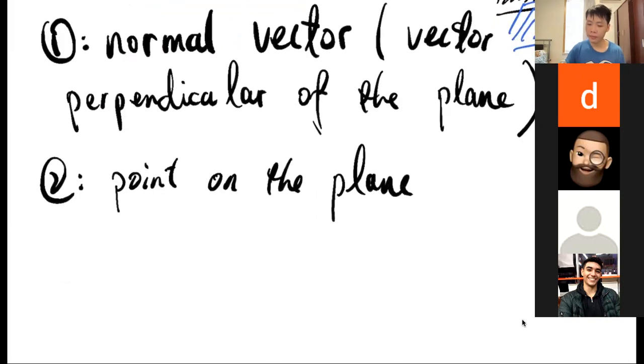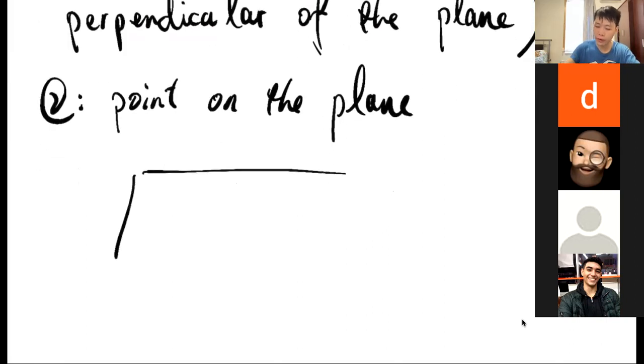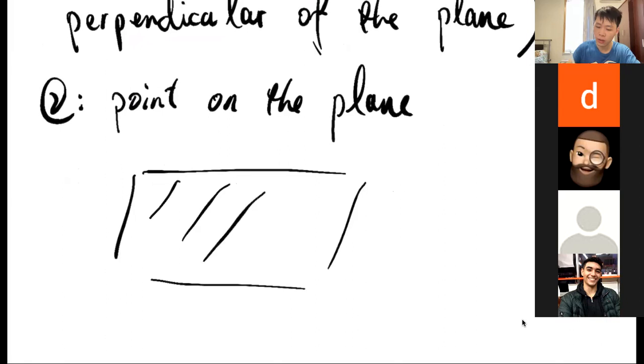How do we get the equation of the plane by using these two pieces of information? Let's say you have a plane and a point P on this plane.